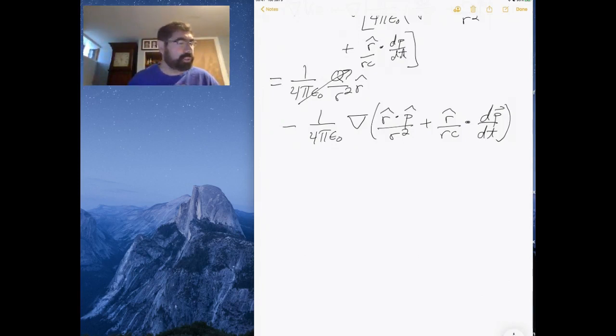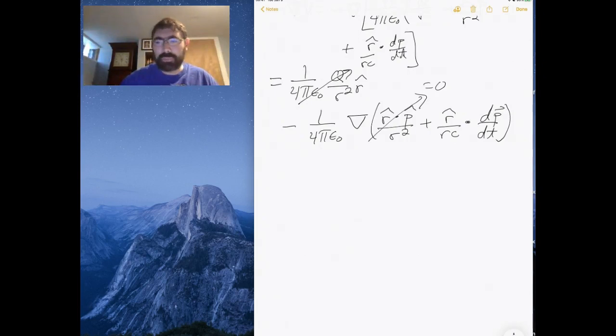Then you can take a look at the second term. The second term also has a 1 over r squared, but you notice it's r hat over r squared. Even so, when we take the derivative of that, that one we can also drop out right here.